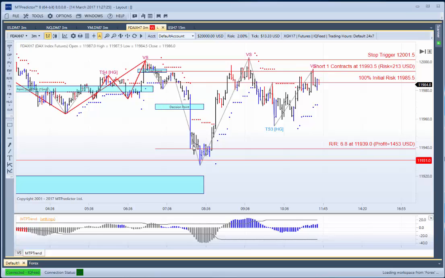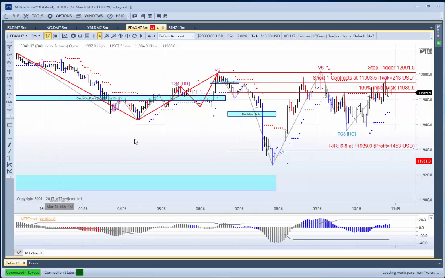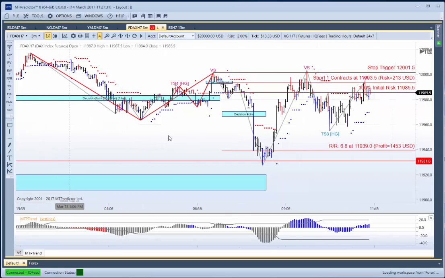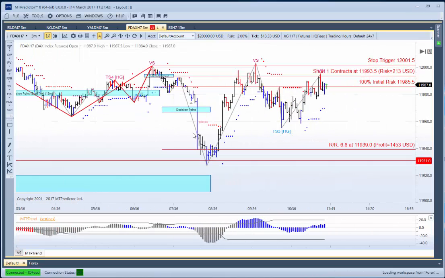If you're willing to work at this and come into our training webinars when we teach customers how to do this, MTPredictor is far, far more than just a black box system and allows you to do analysis on multi-time frame charts like this and be able to uncover some great trade setups, and also with a little bit of knowledge allows you to maximize your profits on trade setups like this.